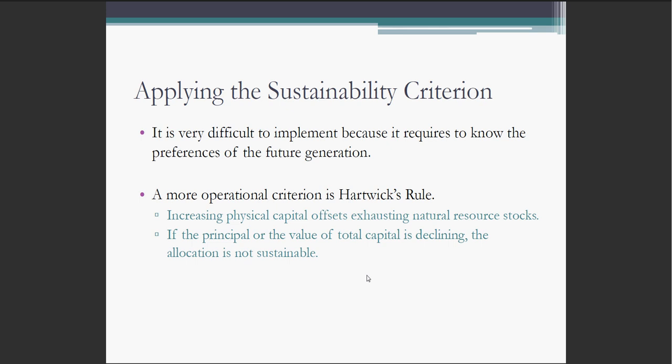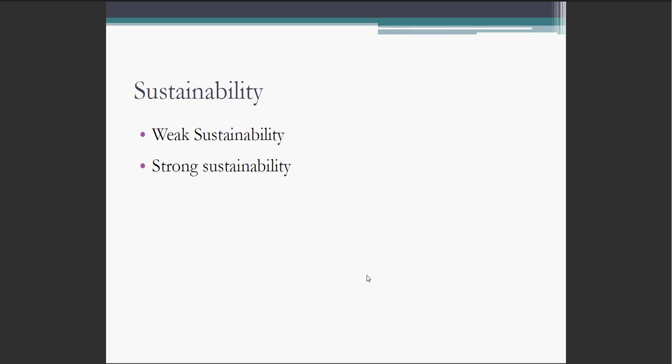This is a very strong assumption to make. Hartwick's assumption seems like maybe a reasonable one as an achievable way to reach sustainability, but this type of sustainability is considered weak. It is based on the idea that human capital is directly substitutable for natural capital. Strong sustainability, on the other hand, is the concept that all human life and activity should occur within the limitations of the planet, and this does not allow for substitution between human and natural capital.